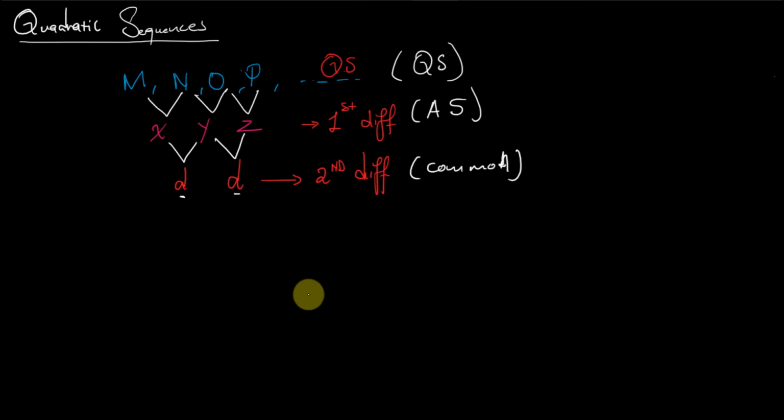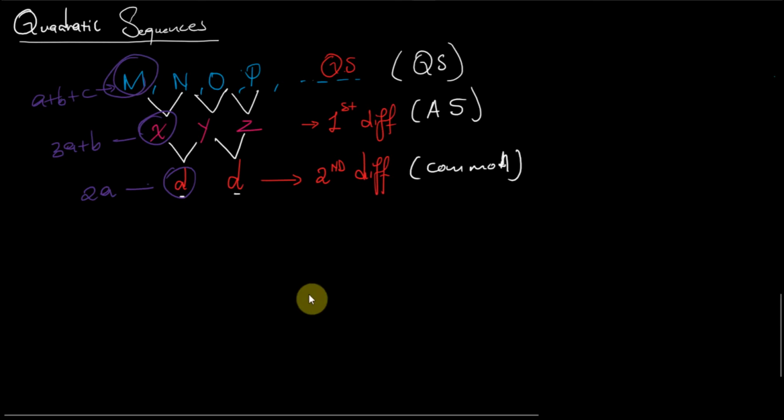Next thing that we want to look at is the general formula, or the general term. To find it, we say that 2a is equal to d, which is the second difference, and then 3a plus b is equal to the first term of the arithmetic sequence, and then a plus b plus c is equal to the first term of the quadratic sequence.